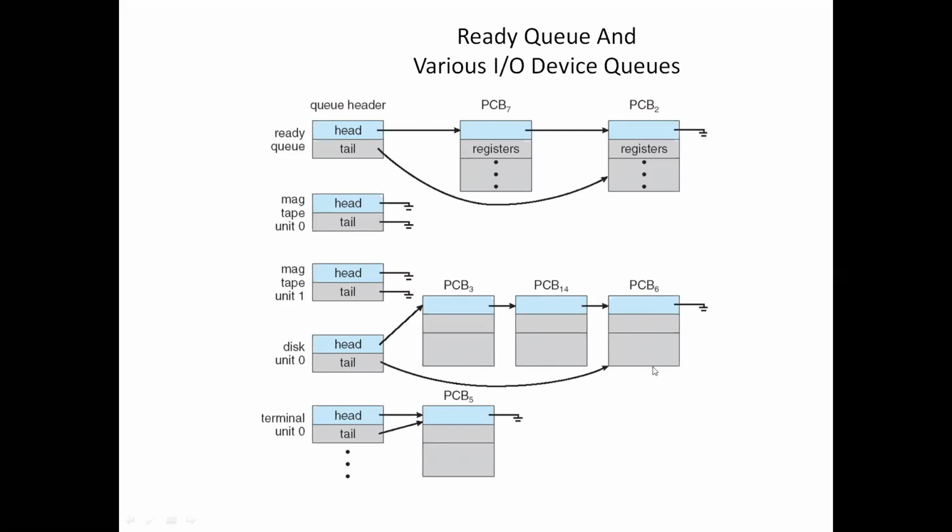If you have only one process in the ready queue, both head and tail will point to that single process control block. That is about the ready queue.